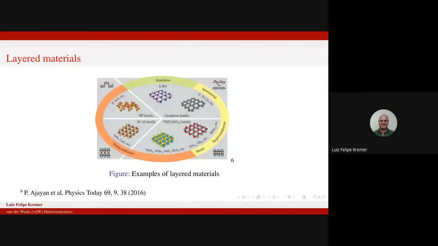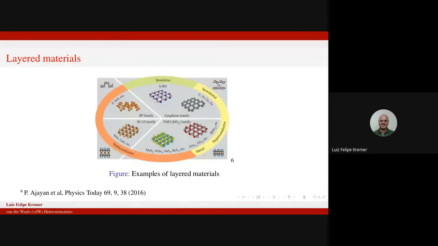Here I have a disclaimer: I put the slide as layered materials, but silicene and germanene, for example, in the upper right part of the figure, are not layered materials, but you can grow a few layers or even a single layer of them.